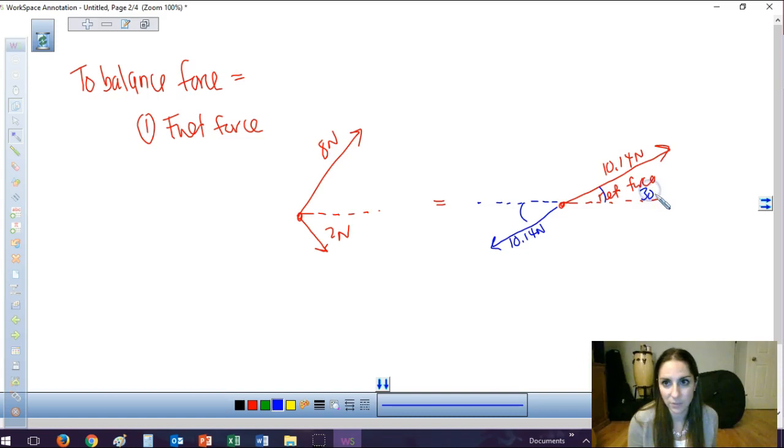So if this is 30.91 degrees, this must be 30.91 degrees, because my x component here must cancel the x component there, and vice versa; the down component must cancel the up component. So in lab, you'll find the net force and then determine where to put the other force so that the whole system balances out. It's a really cool lab. In essence, that's how you find the net force of a system that has more than one force.